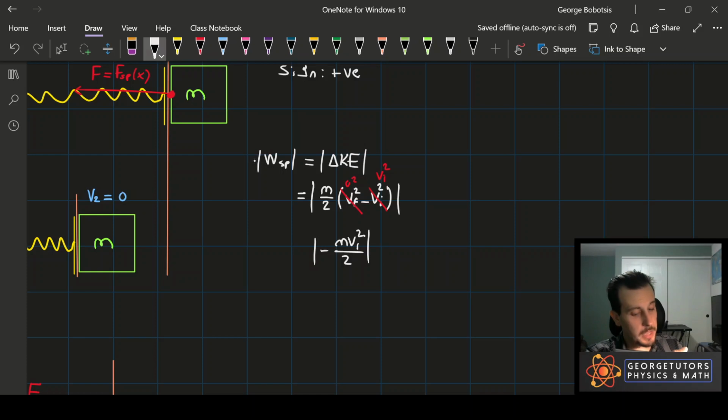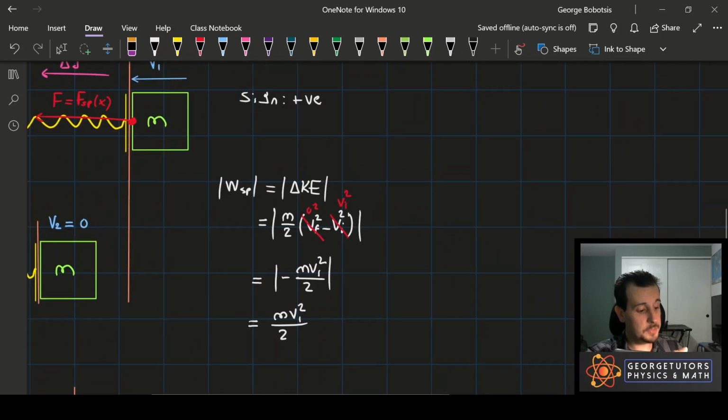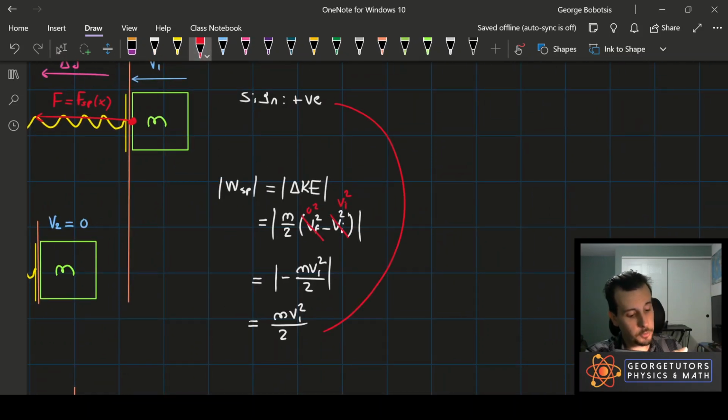And the work of the absolute values right now would be to eliminate this negative sign, as every other constant here is supposed to be positive. So this doesn't need any absolute value right now. And it gives us the size of the work done by the spring. So when I combine it all together again, the work done onto the spring is positive mv1 squared over 2.